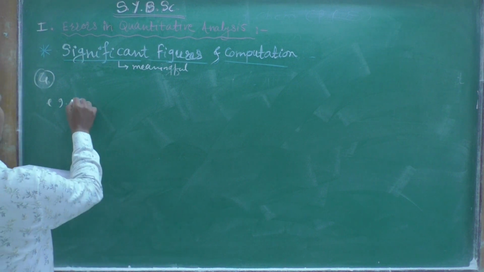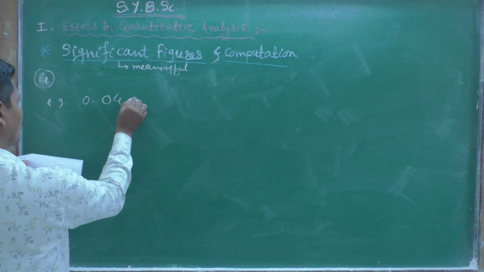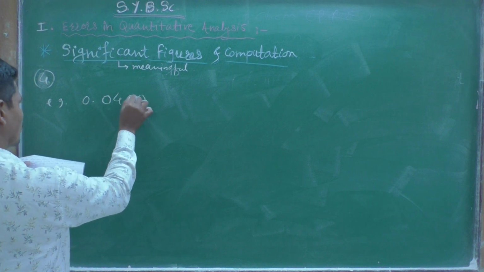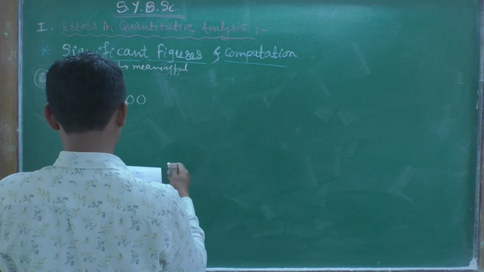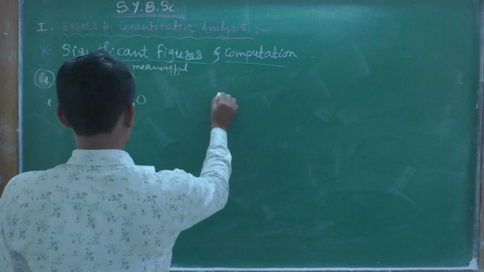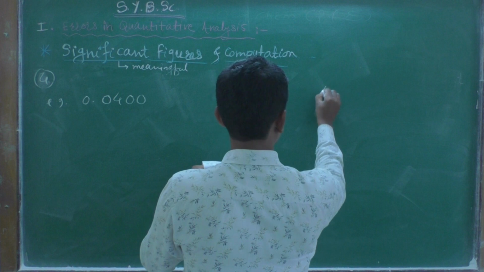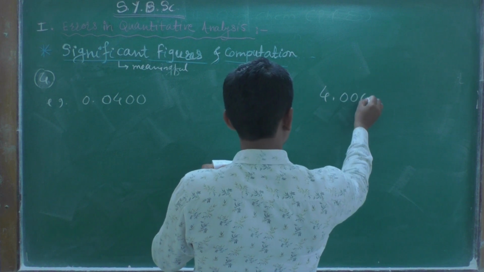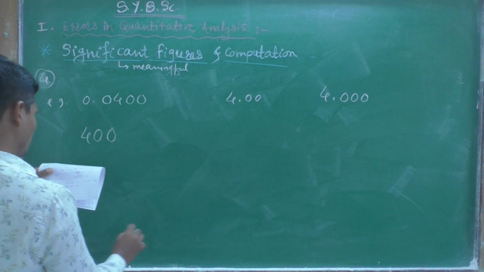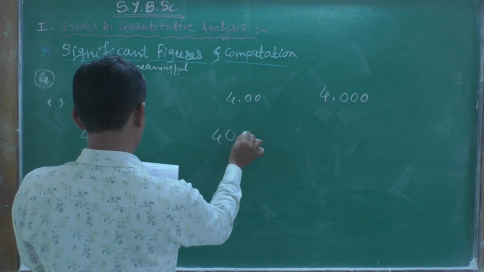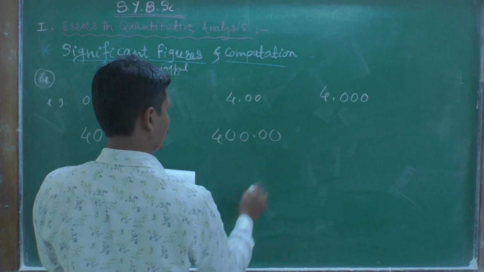The fourth rule you will get by taking examples. The first example is 0.0400, then 4.00, then 4.000, then 400, then 400.00.